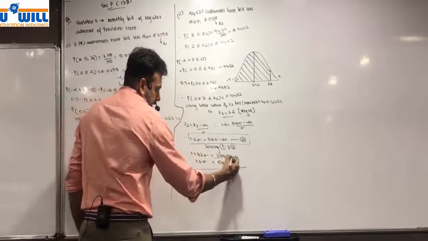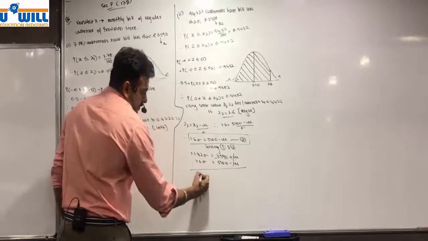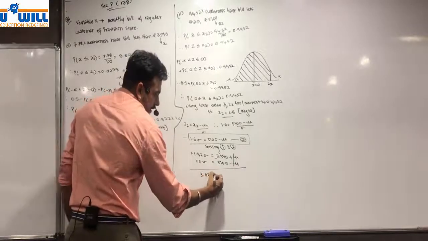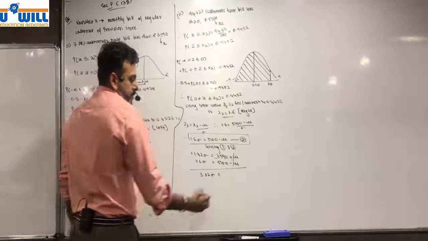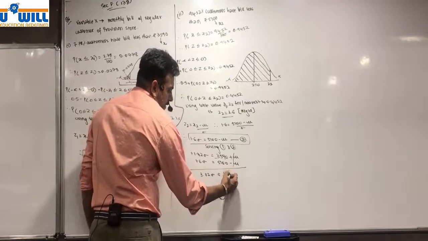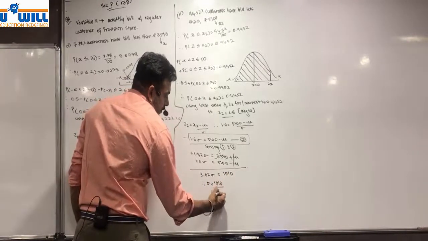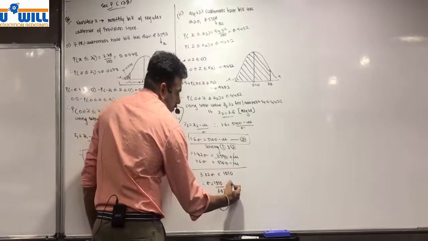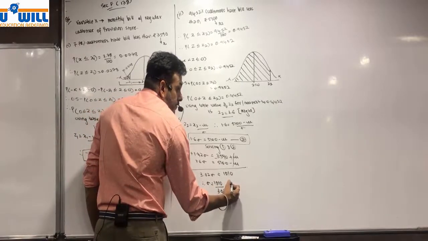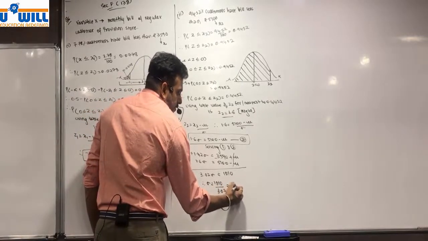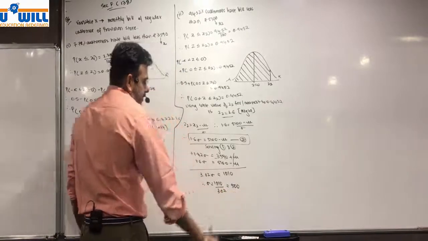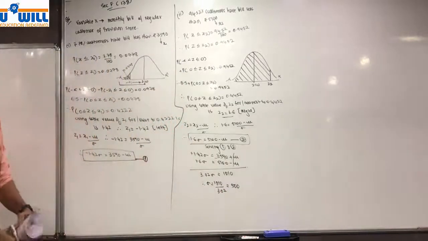Negative and positive cancel. 3.02 sigma is equal to 1510. Therefore sigma is equal to 1510 upon 3.02, which is equal to 500. Perfect.